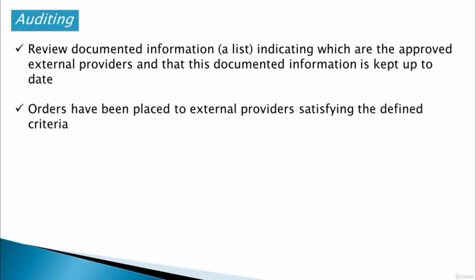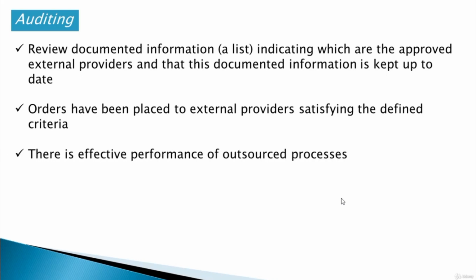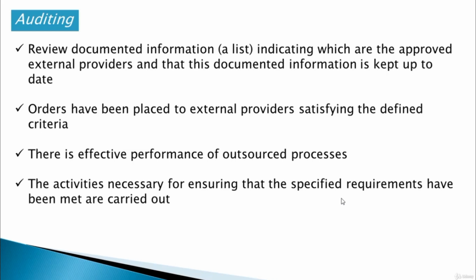As we were saying before, maybe the organization requires the supplier to have an audit, and that should be written in the contract. The auditor shall also ensure that there is effective performance of outsourced processes, and also the auditor shall evaluate whether the activities which are necessary for ensuring the specified requirements have been met are carried out.